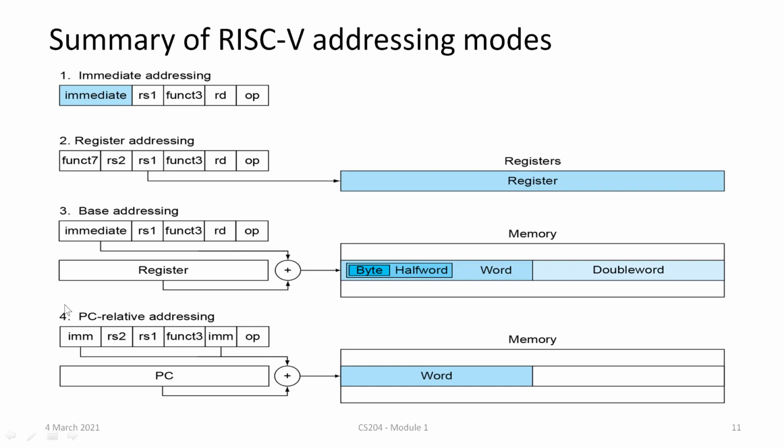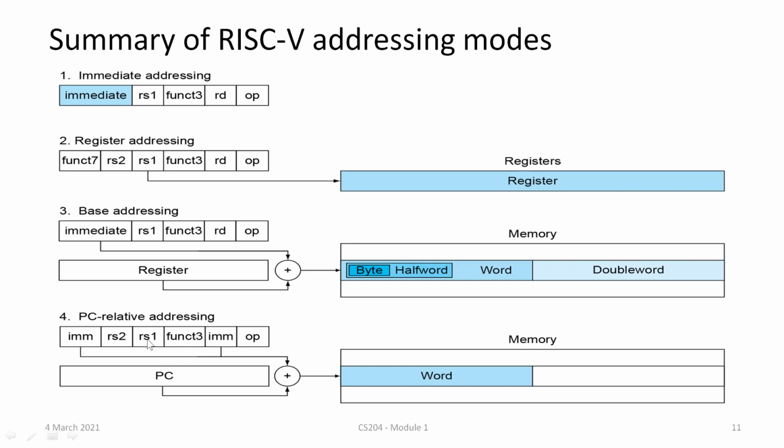Following that, the fourth and final addressing mode given by RISC-V is PC relative addressing. Here is something interesting where we have the immediate field, we have RS1 and RS2, but what we expect is the value in this immediate field is added with PC, the program counter, and that will give us the location to access in the memory. What to do after that again depends on the instruction.